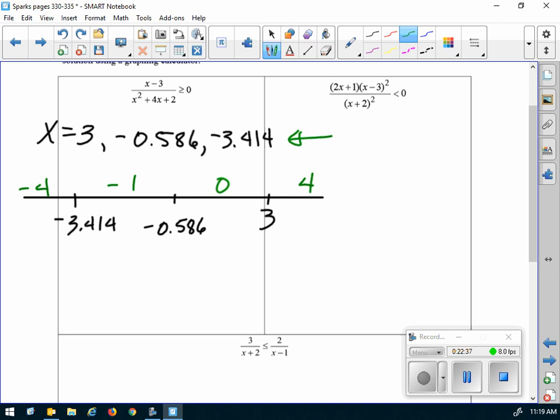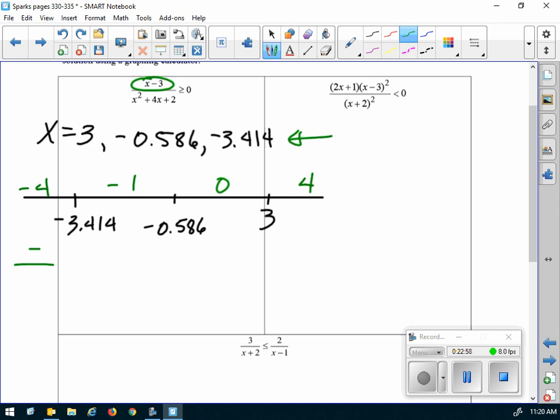All right. If x is negative 4, numerator is negative divided by denominator. What's that give you? 16 minus 16 plus 2, right?